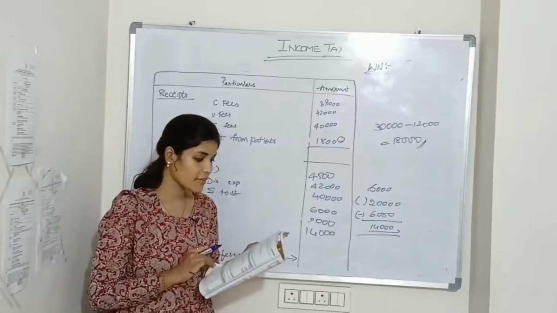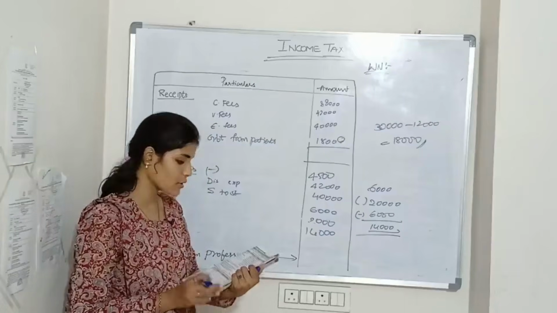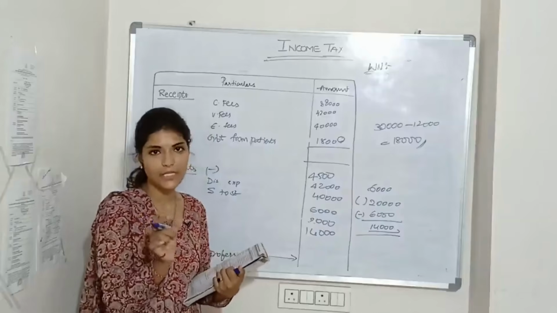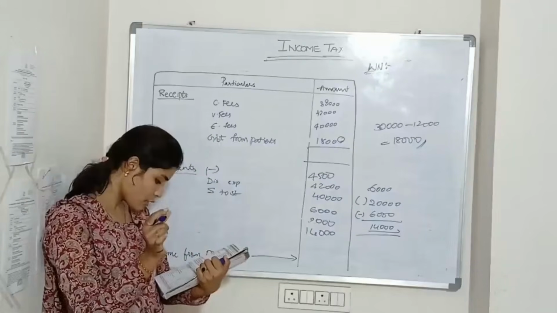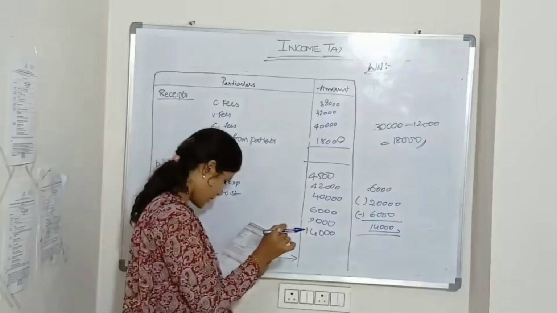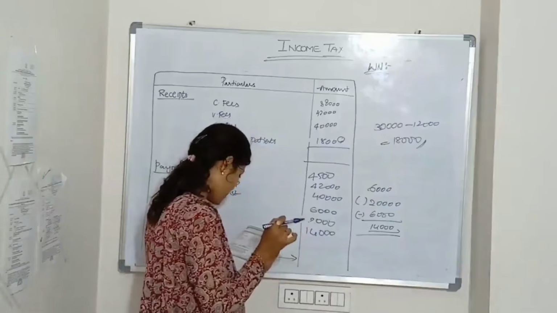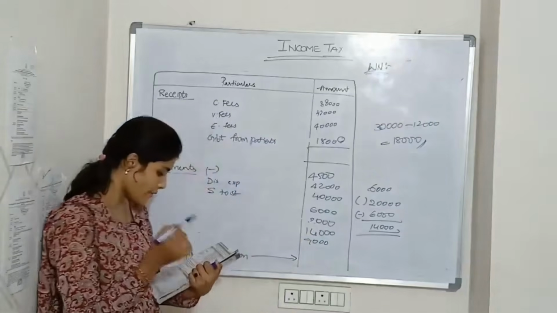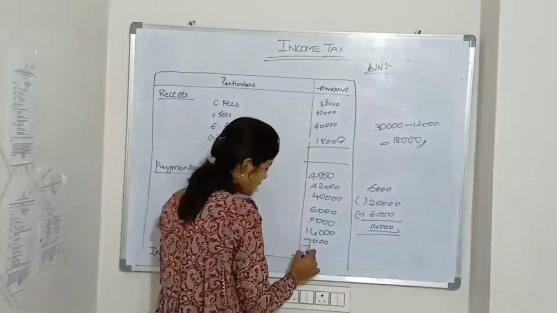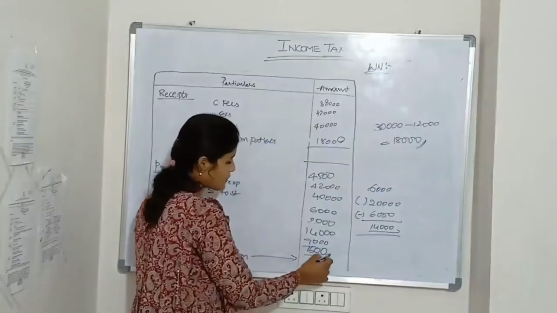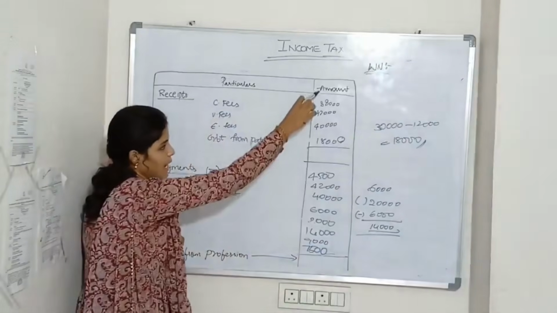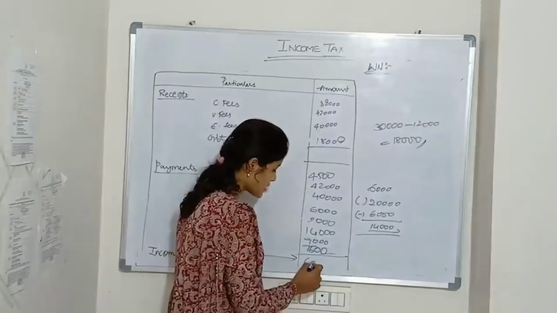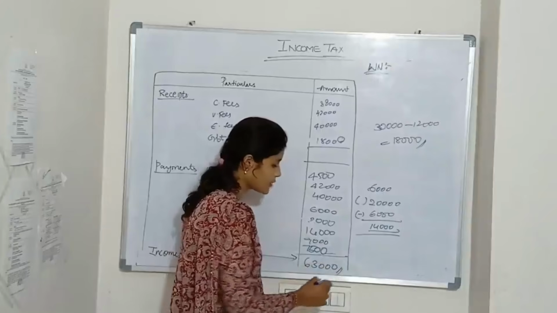So the motor car amount was 12,000; take 25% of it, subtract that amount, and the remaining 9,000 is what you take. Because the remaining 3,000 is used for personal, and the driver is also used for personal, so remove 25% for him too and take 75%. So from adding all and minusing all, you will get income from profession, that is 63,000. Got it?